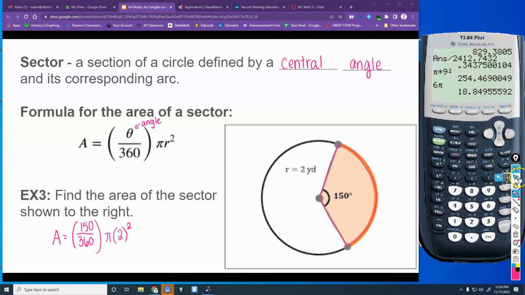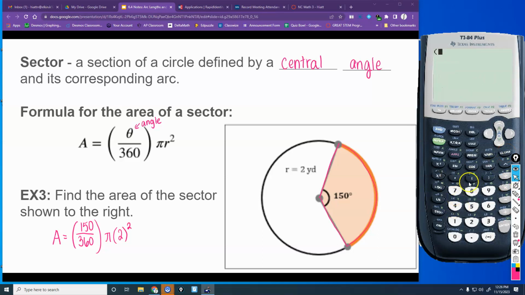So we can just type that into the calculator, and make sure you use some parentheses here or it will not give you the right answer. So 150 over 360 times pi times 2 squared, and we'll get 5.236.